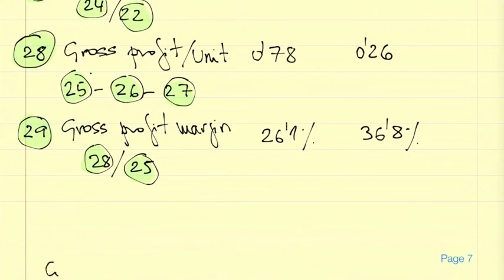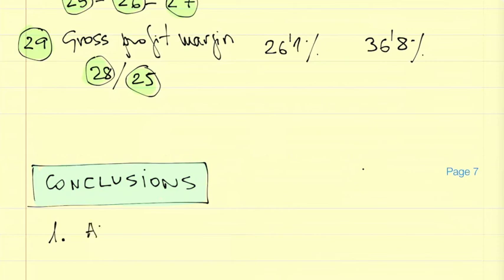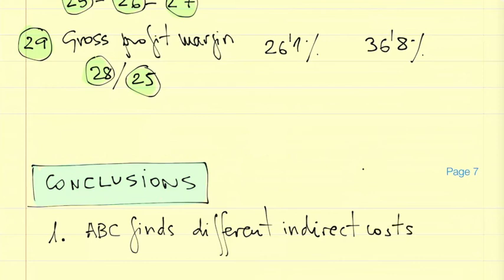So the conclusions of our example, the first conclusion, is that activity-based costing finds different indirect costs per unit for each product.